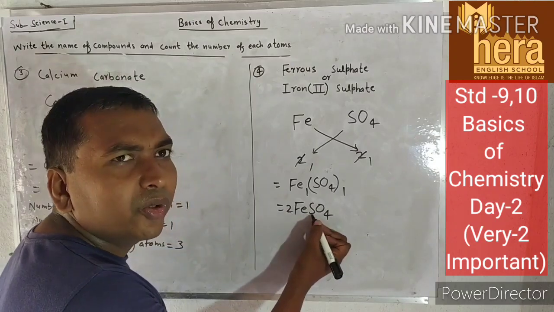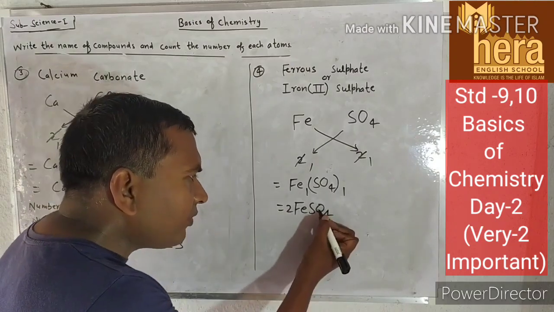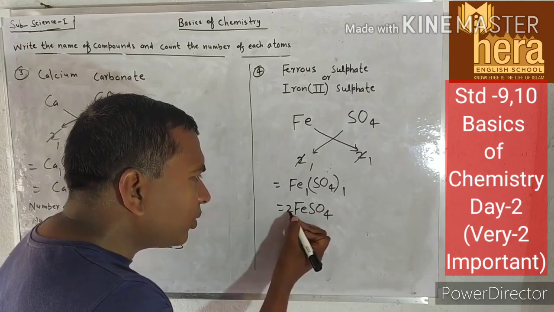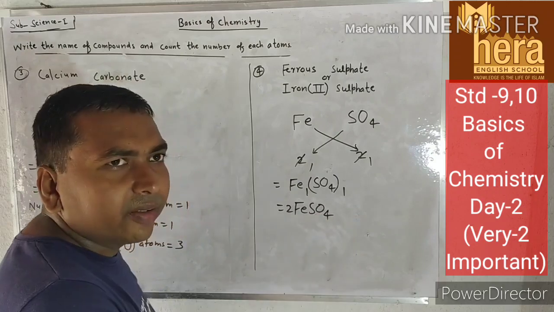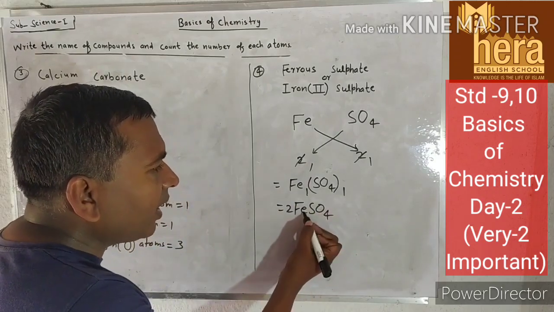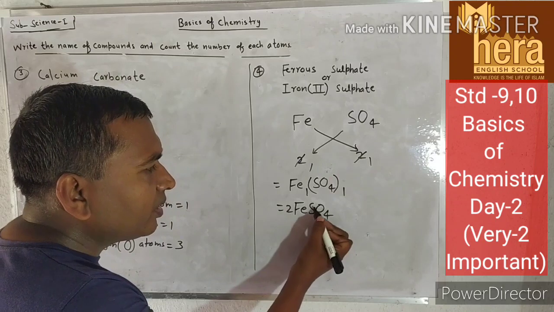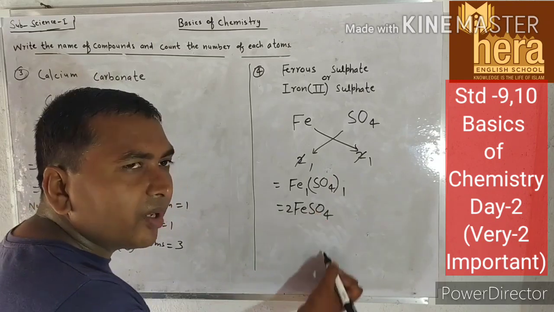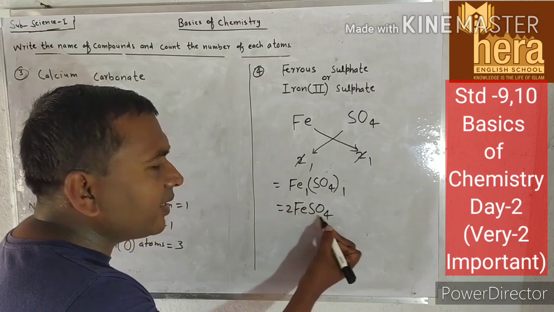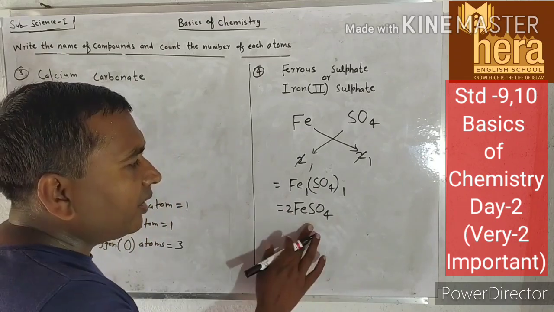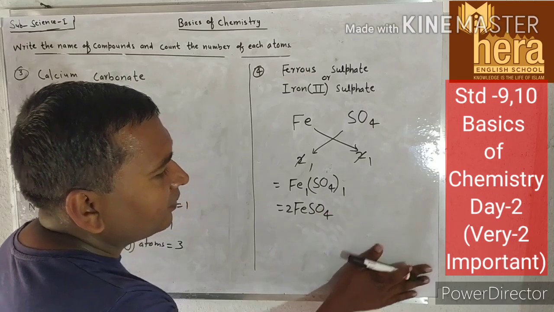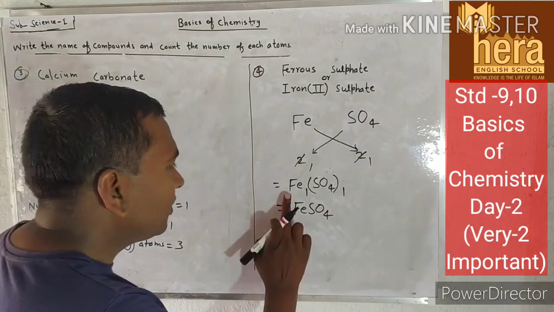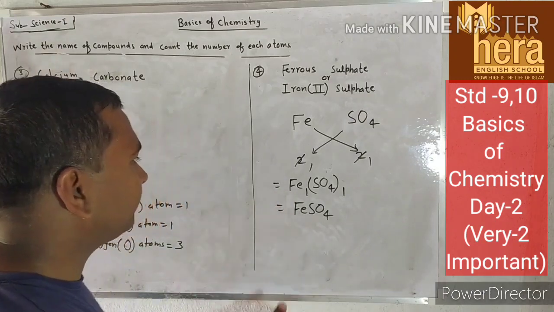Sulfur atom will be 2. In case of oxygen, O4, 4 into 2, that is 8. So in these molecules, iron atoms will be equal to 2, sulfur atom will be equal to 2, oxygen atom will be equal to 4 into 2, that is 8. So if you find number of atoms, then you have to multiply. Okay. So no need to write 2 here.